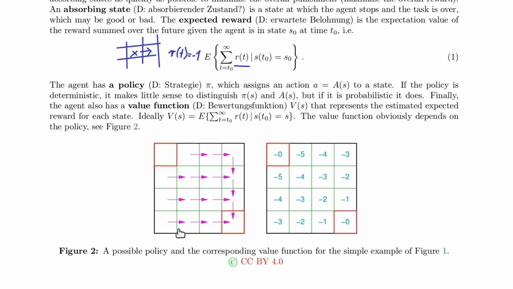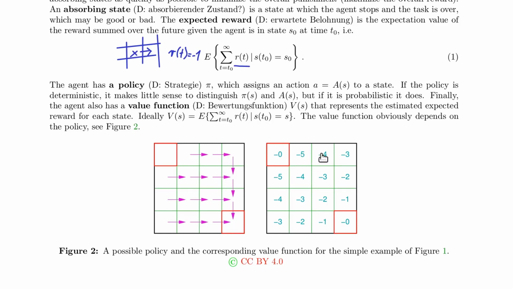And if it does, these are the true values of the states, i.e. these are the expectation values for the reward. For example, if the agent is in this state, then according to this policy it would first move to the right and then down.